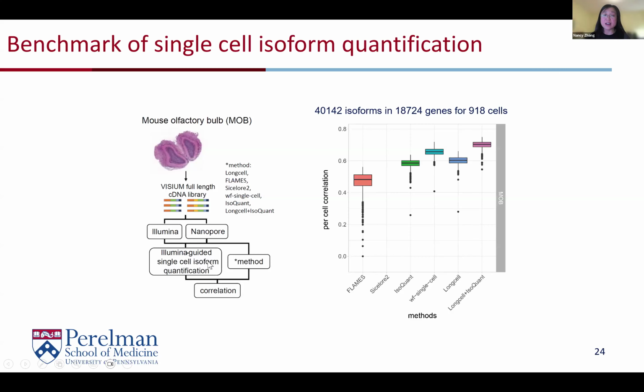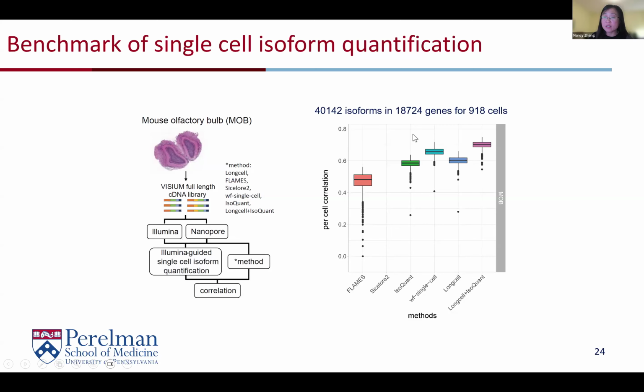So we can use that as a sort of gold standard, at least for the UMI scattering correction step. Misalignment errors are still there in this, but we can use that as a gauge. Looking at the correlation between the estimated versus that using the original Illumina-guided UMI procedure, we see that with LongCell you do pretty well.